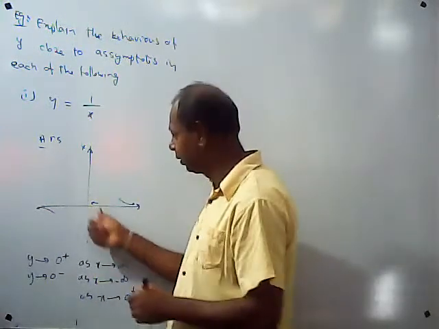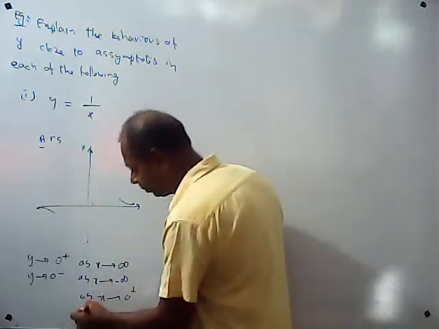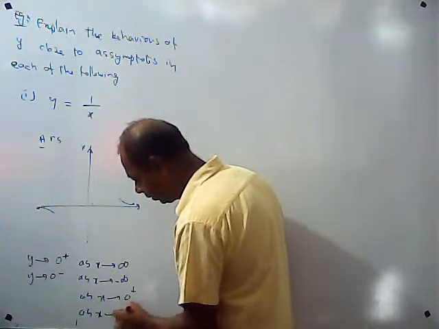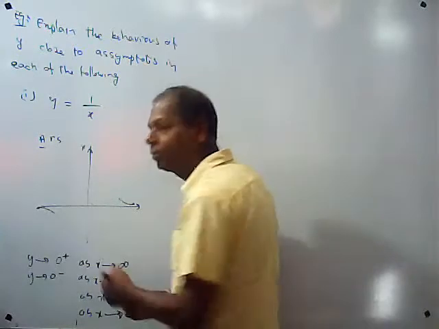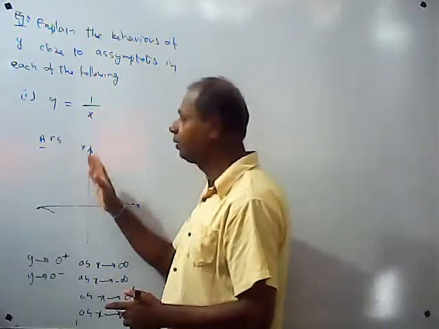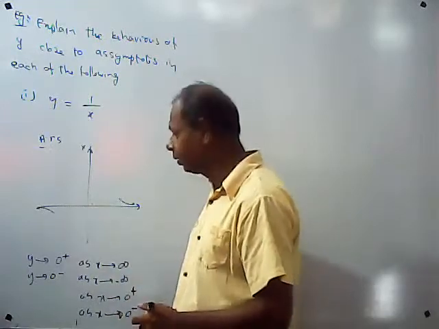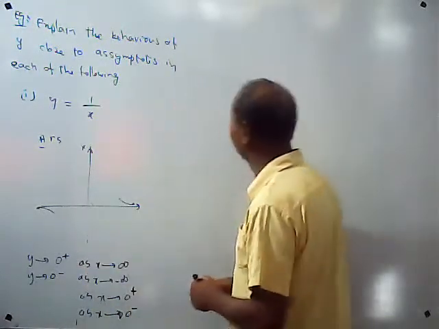We'll find it. As x goes to 0 from negative side also, y will go to positive infinity or negative infinity. We have checked that, right? So how to find whether it is going to positive infinity or negative infinity?